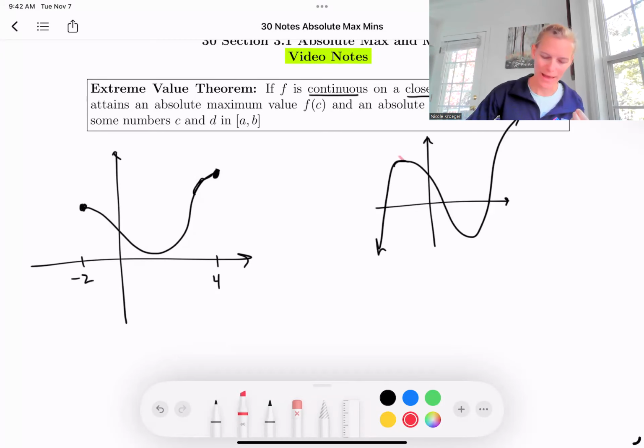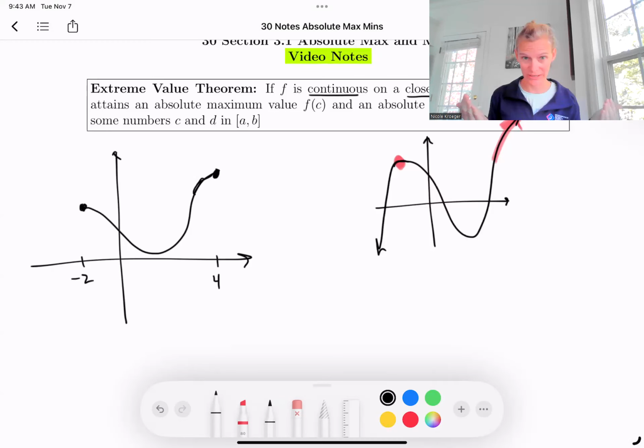It has a local max here, but since the function keeps going off to infinity, there's no absolute max. So the extreme value theorem does not apply to this function on the right, because this function is not on a closed interval. So the extreme value theorem says if we have a continuous function on a closed interval, then we have to have an absolute max and we have to have an absolute min.